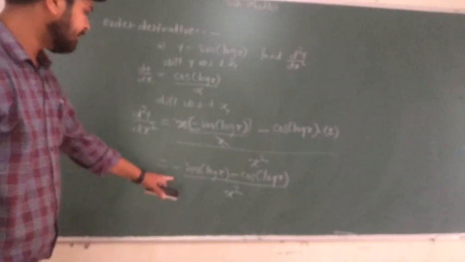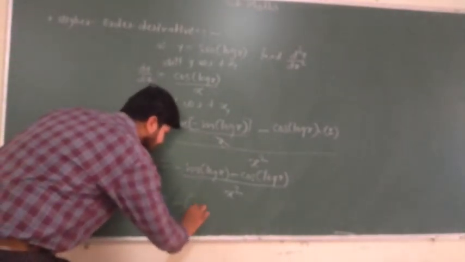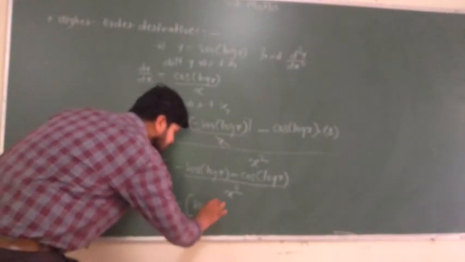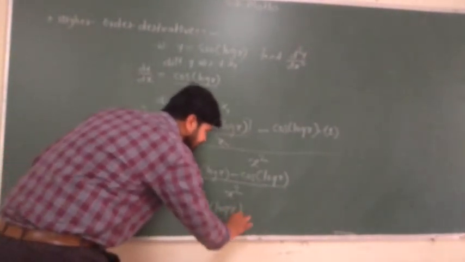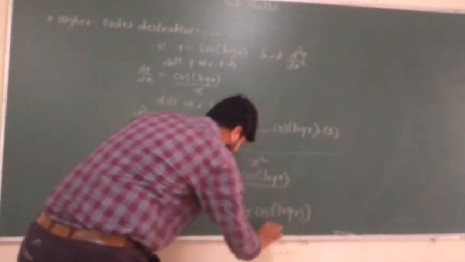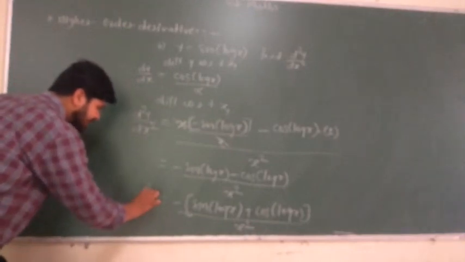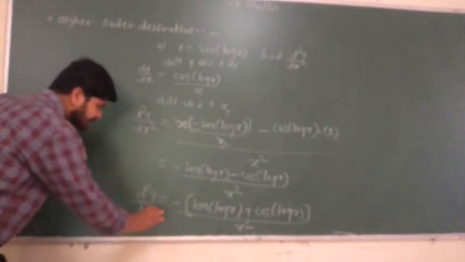So if you take minus sign common, so minus in bracket sin log x plus cos log x upon x square. So this is your second derivative, d2y by dx square.